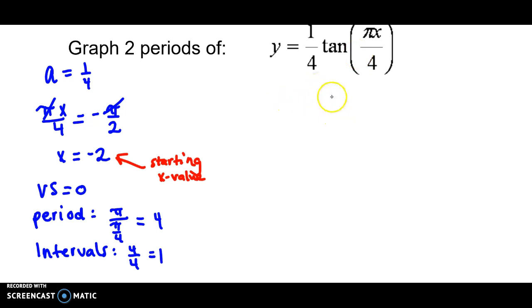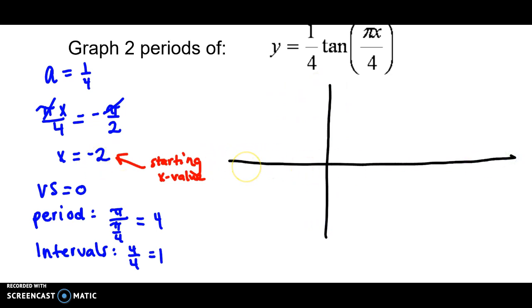Okay, so let's begin. Since I know it's going to start at negative 2, I am going to leave some space for myself on the left side here. So let's start by doing this. I'm going to go up to 1/4 and down to negative 1/4. I know that my starting x is at negative 2, and then my intervals go by 1.